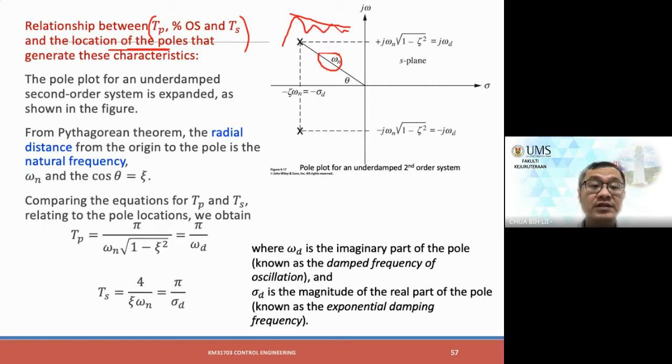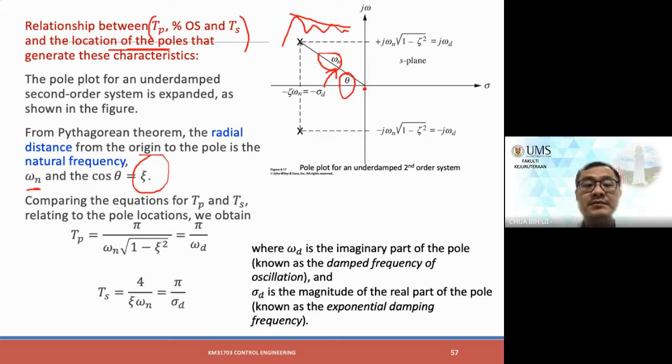The radial distance from the origin to the pole is the natural frequency. And then cos theta, counting from the negative side of the real axis, would be equal to the damping ratio. So these two build up the relationship between the damping ratio as well as the natural frequency.